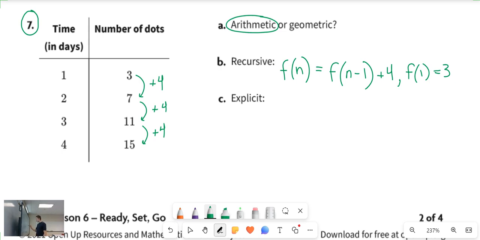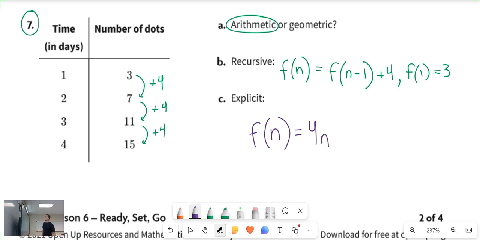And then explicit, we're going to change colors again. F of n equals, and now this is a little tricky. We should have, when we plug in 1, we need to get 3, but we're jumping by 4s, right? So it should be 4n.